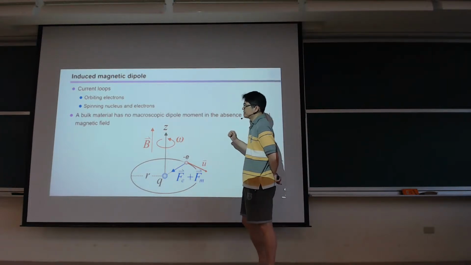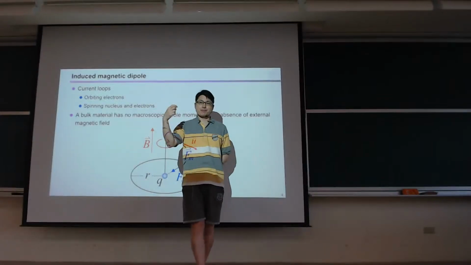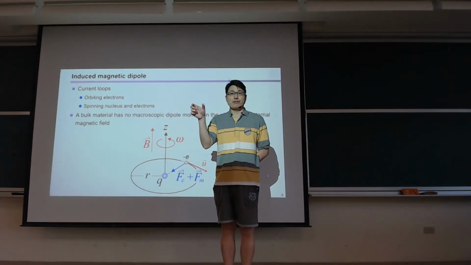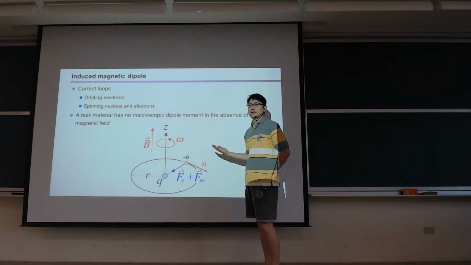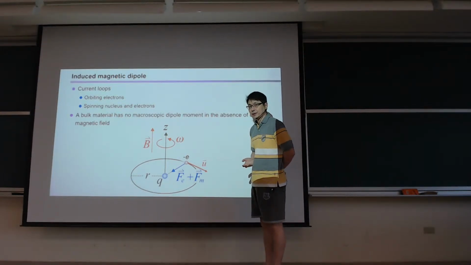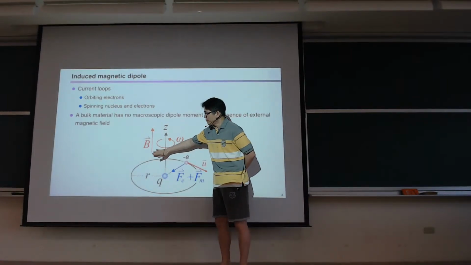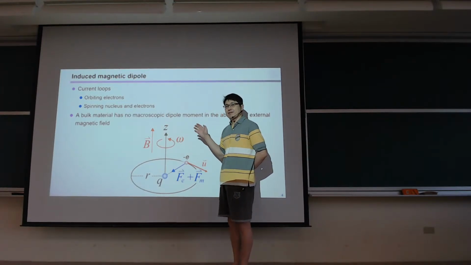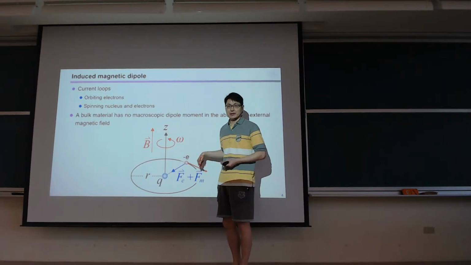So in a sense, if you have an orbiting electron, or maybe the nucleus is spinning, but the nucleus is not ideal, not completely uniform, then you form a very small closed loop current. And then you have the magnetic dipole, okay? So this is saying, well, if you apply an external magnetic field, that magnetic field will force the electrons to orbit.